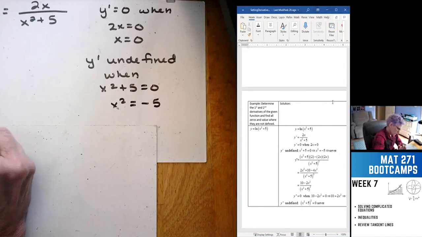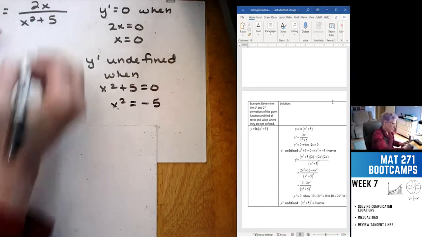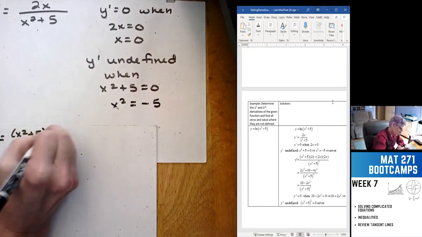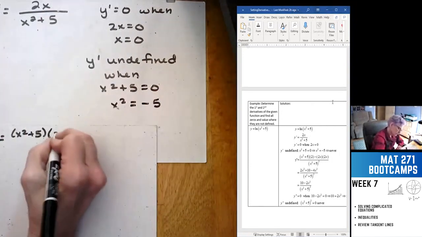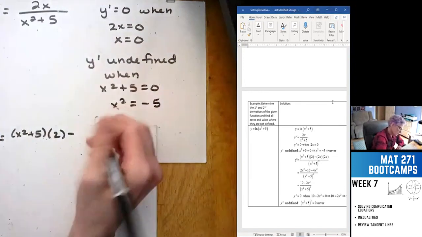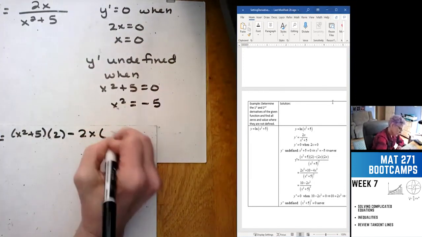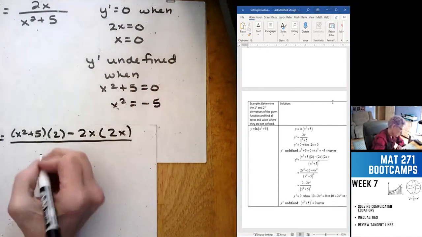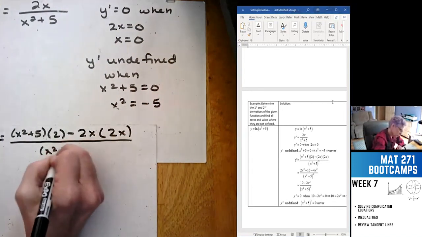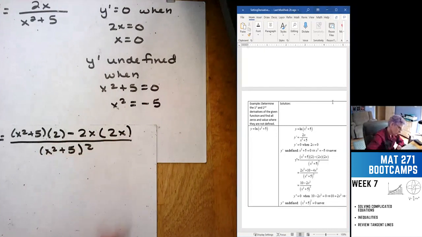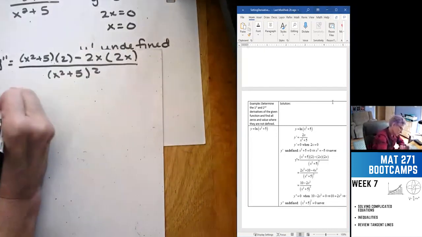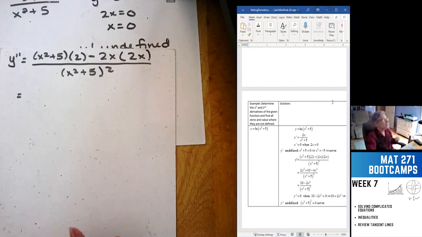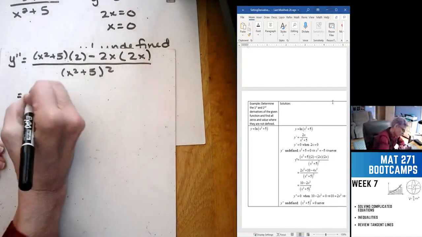So we'll look at the second derivative. Low, d high, less high, d low, all over low times low. Again, because we're setting it equal to 0, we're going to simplify as much as we possibly can.